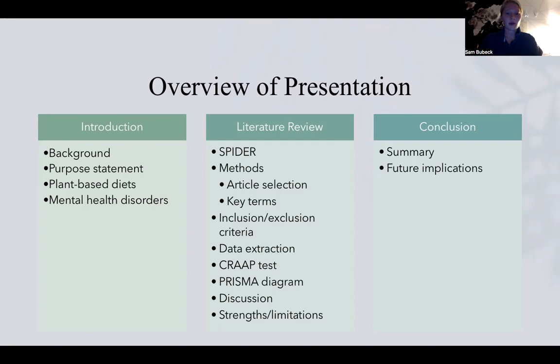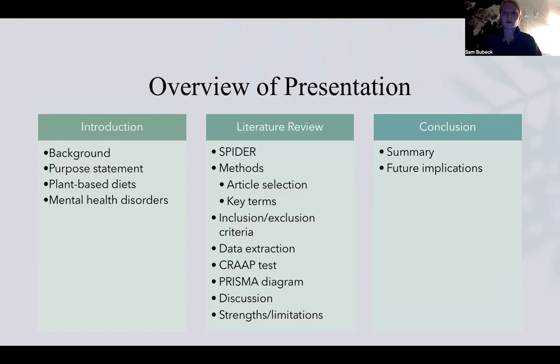And we will have a discussion over the entire literature as a whole and what I have concluded from the literature that I've reviewed. And lastly, as in that portion, we have the strengths and limitations of my research. There were many things that made this very strong research, but as with all research, there were some limitations that I would like to consider given the opportunity to further continue this research.